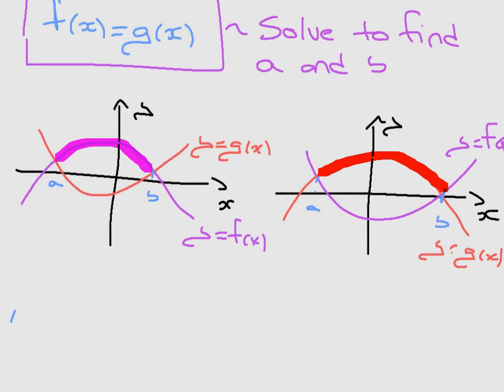In the first case, we'll have the area is equal to the definite integral from a to b of f of x minus g of x dx.